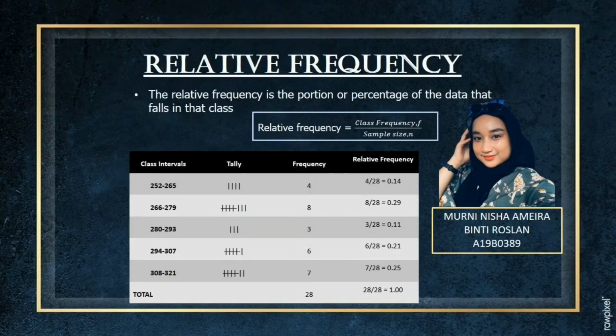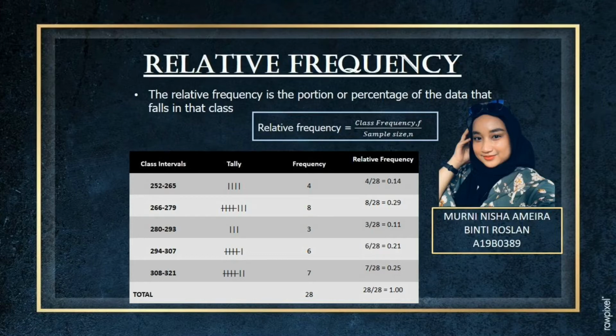Next is relative frequency. The relative frequency is the portion or percentage of the data that falls in that class. The formula is relative frequency equals class frequency divided by sample size. The relative frequency table includes class intervals, tally, frequency, and relative frequency.